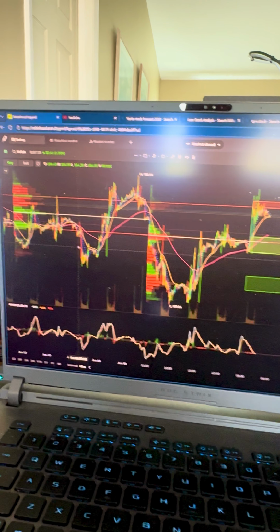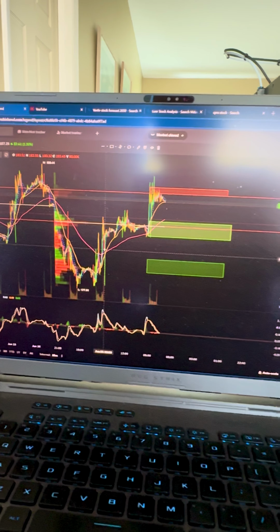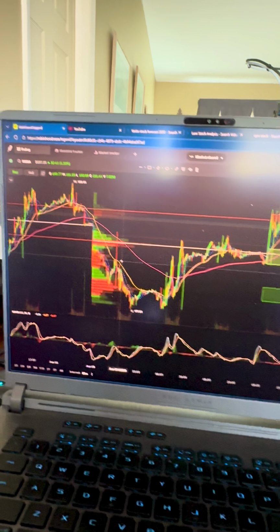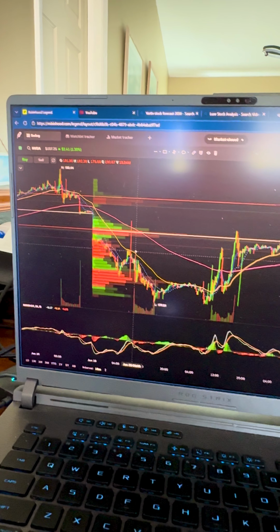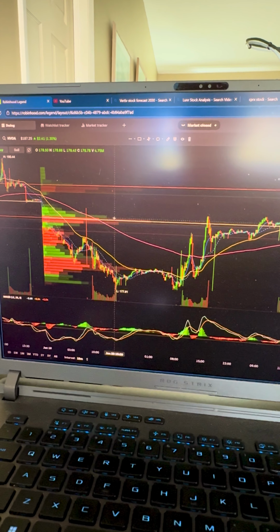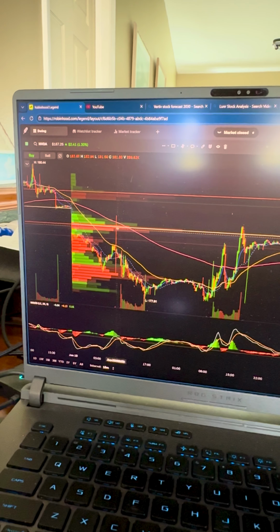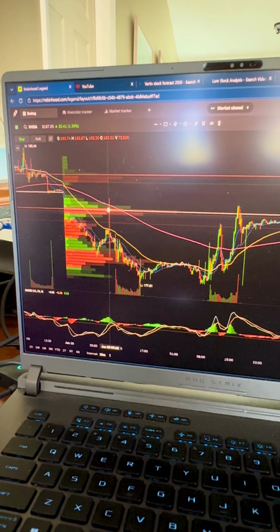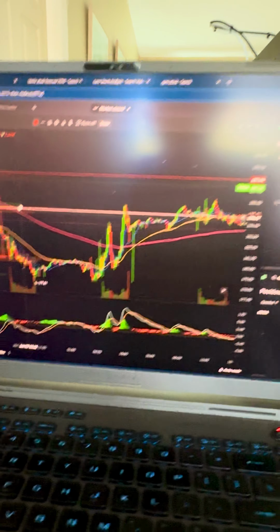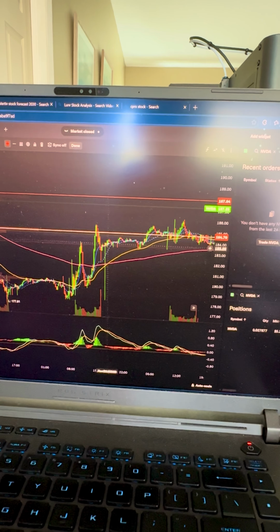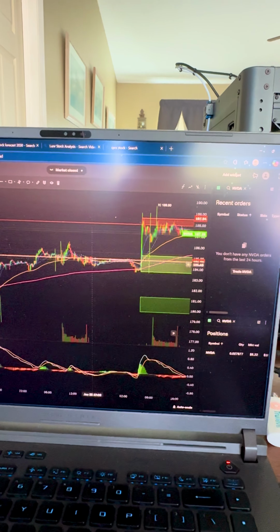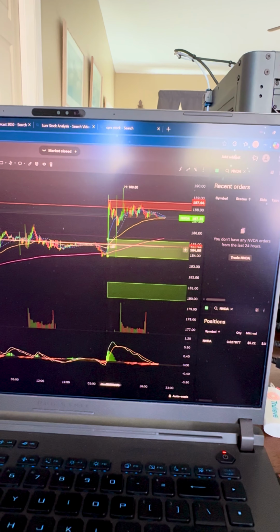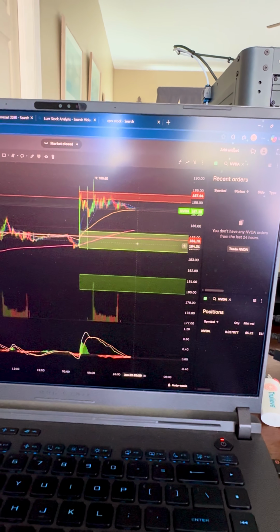If not, then obviously you see it falls down and goes back up. So right here, this is telling you that this is where the most people started coming in, sellers and buyers, and that's why it's going sideways, right? And so that's why it's telling you right here to make a play.